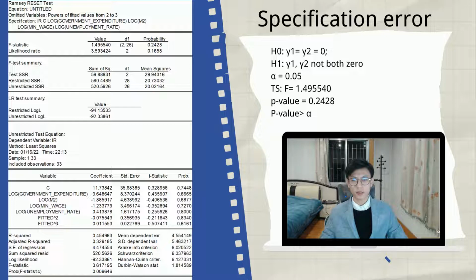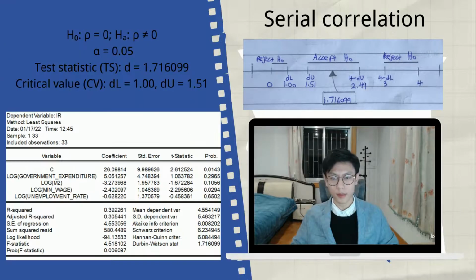In hypothesis analysis, we accept the null hypothesis because the p-value 0.2428 is more than the critical value 0.05. This shows that there is no specification error. Next, we use the Durbin-Watson test to test whether the regression equation has serial correlation.